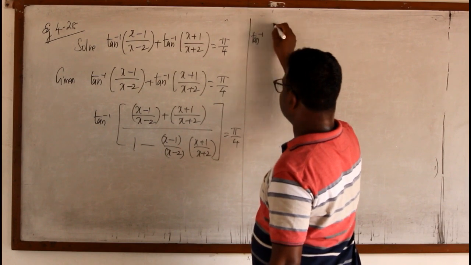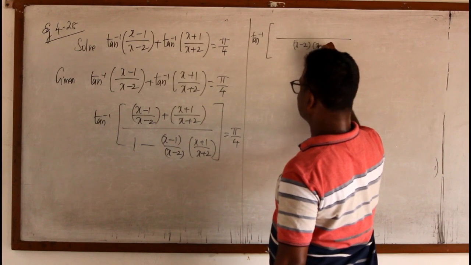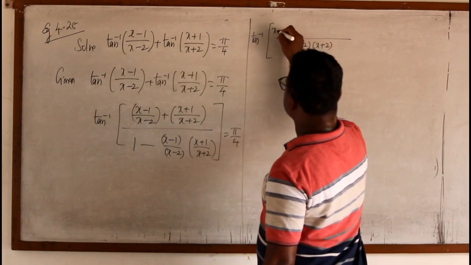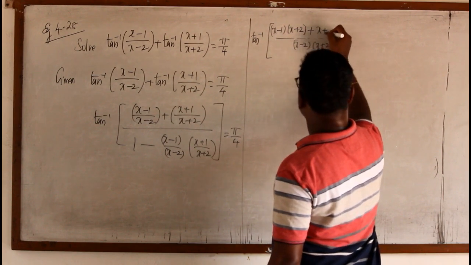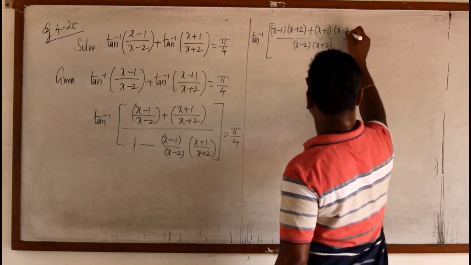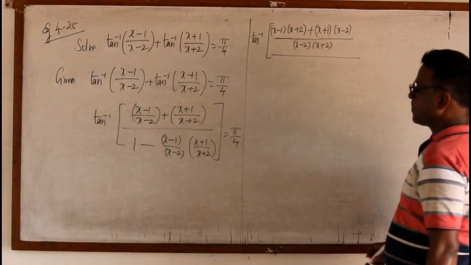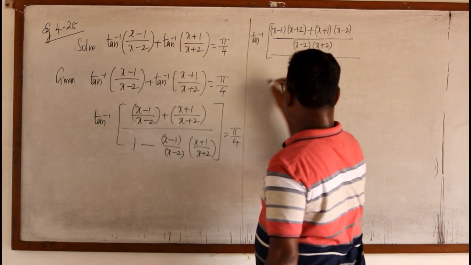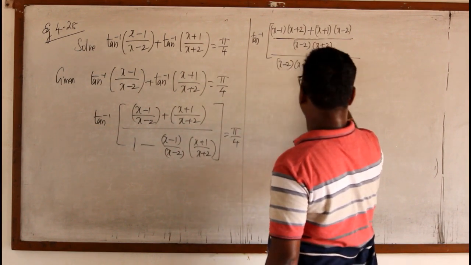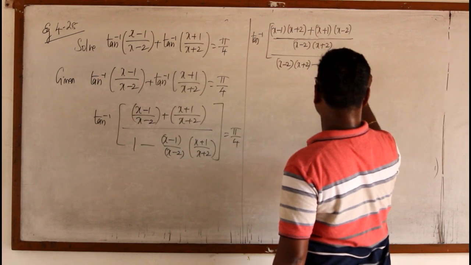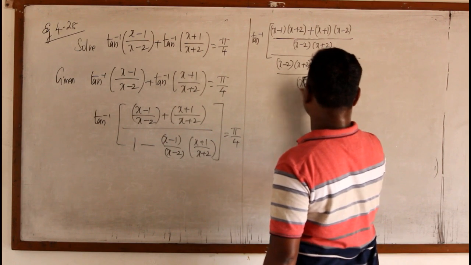That is tan inverse. Here the LCM is x minus 2 into x plus 2. The numerator is x minus 1 into x plus 2 plus x plus 1 into x minus 2, divided by the denominator: x minus 2 into x plus 2 minus x minus 1 into x plus 1, divided by x minus 2 into x plus 2.